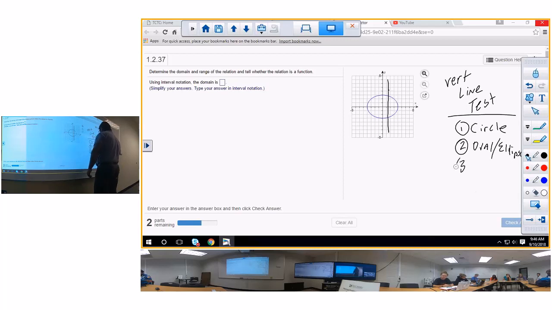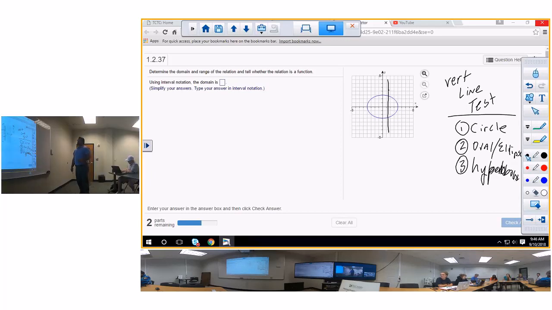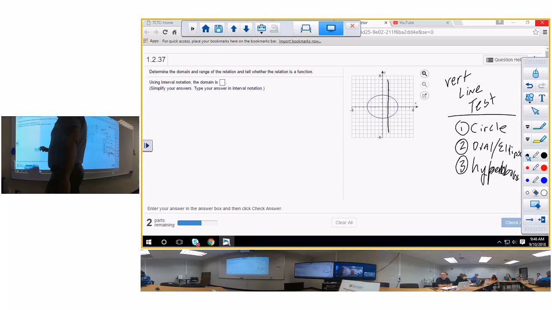Or a hyperbola. Those three things, a vertical line test will tell you that basically it is not a function. So we know it's not a function.